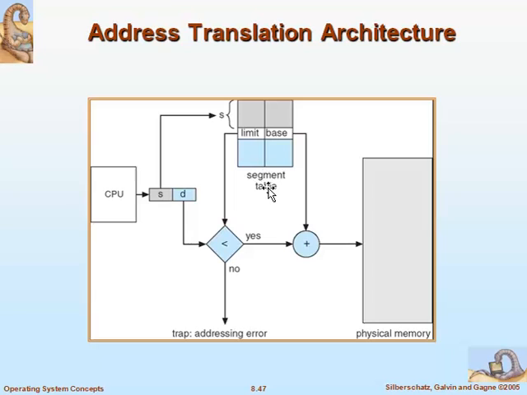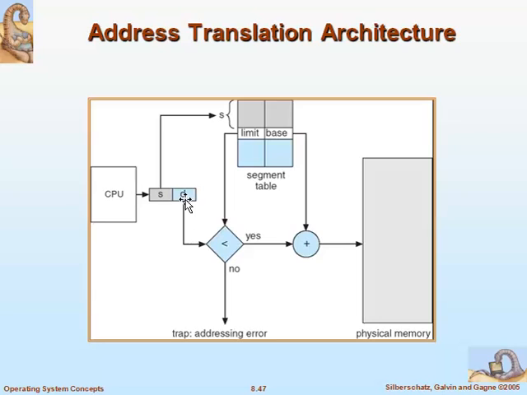These values are stored in the segment table. So corresponding to this segment number S, we find the limit and the base. The program is divided into segments, and when the CPU generates an address, it will have a segment number and an offset.